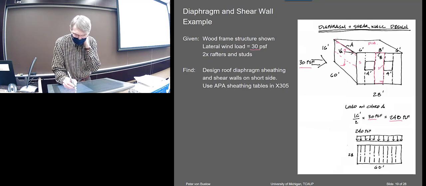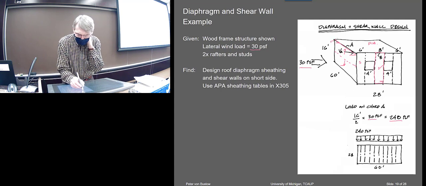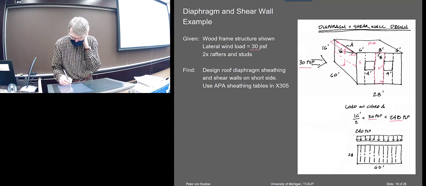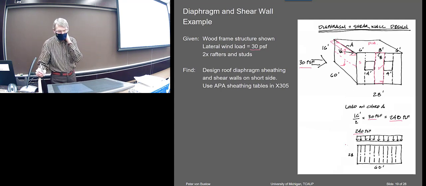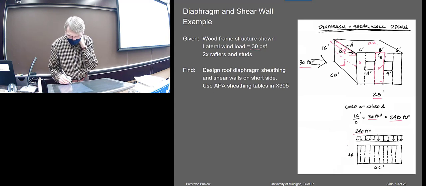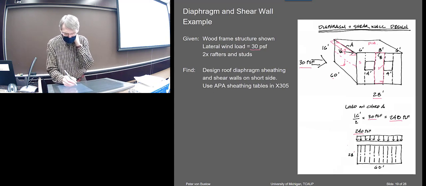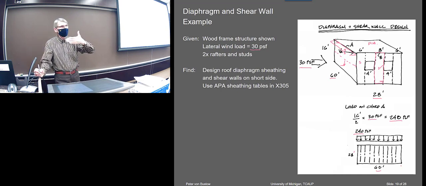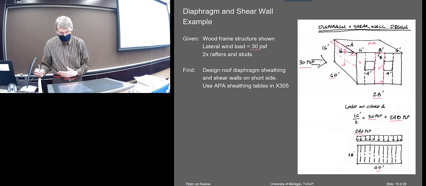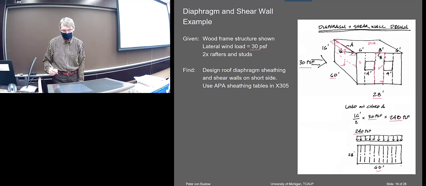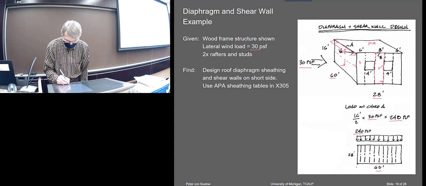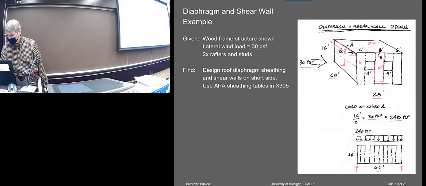So the load on that edge is that 240. This is the 28-foot edge here and the 60-foot span there. And this is the way it's acting as a beam. The diaphragm is acting as a beam, 28 feet deep, 60 feet wide. And I want to calculate, of course, the end reactions and the moment.